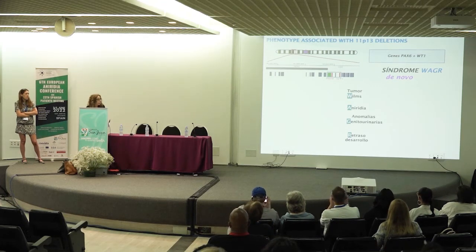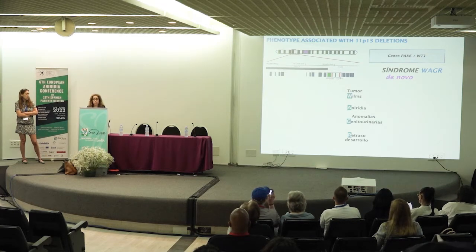This is called WAGR syndrome. As you know, this is the acronym for Wilms tumor, aniridia, genitourinary anomalies, and a range of developmental delays. There is a full session about WAGR syndrome in just a few minutes.